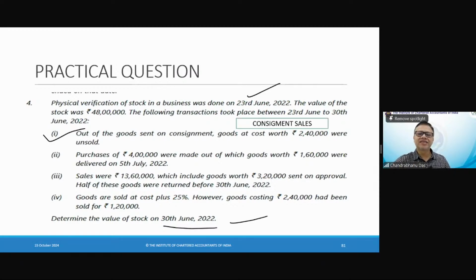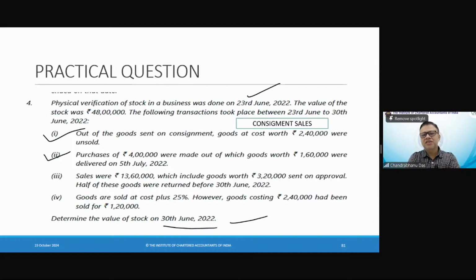So this is regarding the consignment sales. This company, as a consignor, has sent goods on consignment to sell, but out of that, 2,40,000 of goods were unsold. The customer didn't take them, and that may have been reported by the consignee.